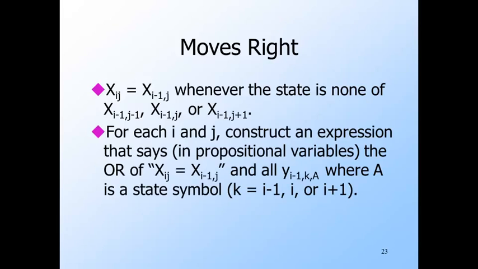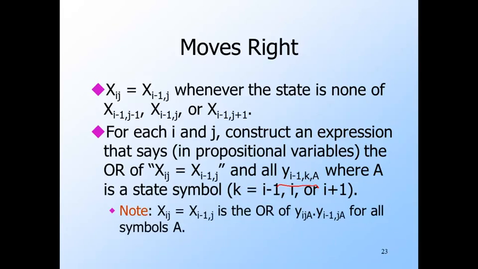So we're going to construct one sub-expression for each i and j saying that either x sub ij equals x sub i minus 1, j, or the state is lurking about. The idea that the state is lurking is the OR of those propositional variables y sub i minus 1, k, a, where k is within 1 of j and a is a state symbol of M.